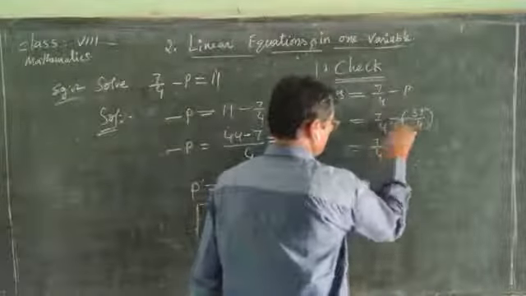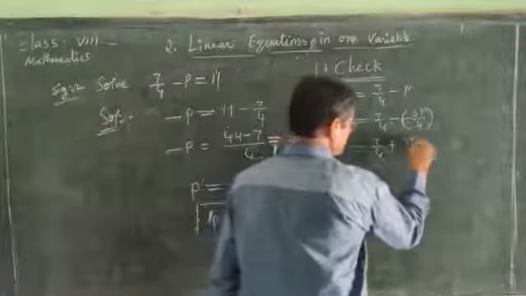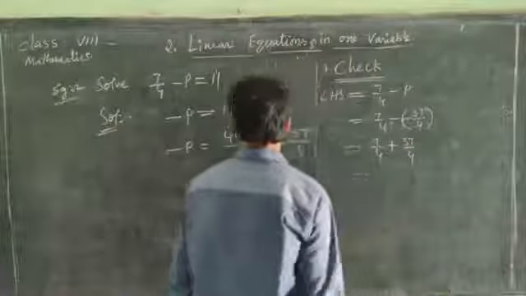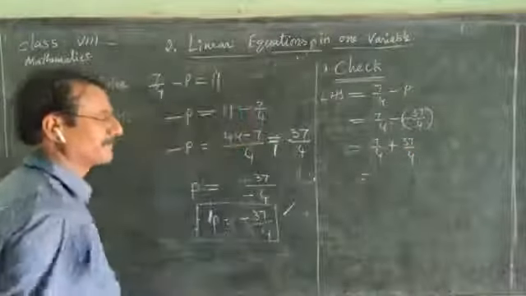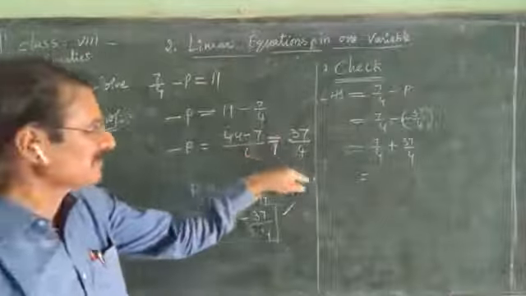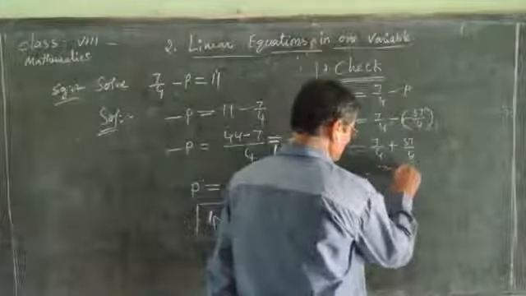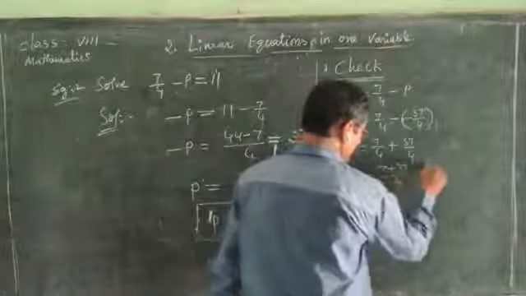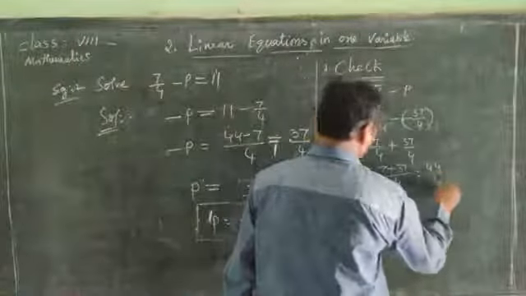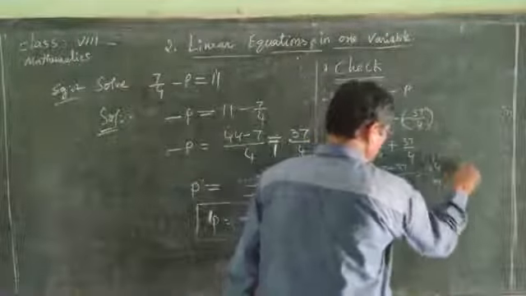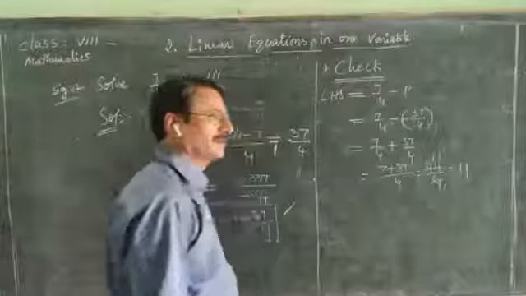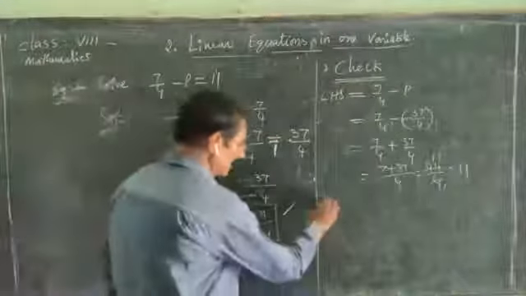So 7 by 4 minus minus 37 by 4 is 7 by 4 plus 37 by 4. These two are like fractions. So 7 plus 37 by 4 equal to 44 by 4. 4 11s are 44, so finally we got 11 on the left side.